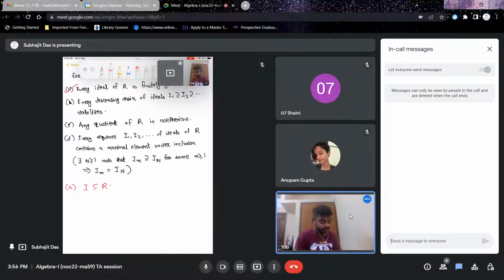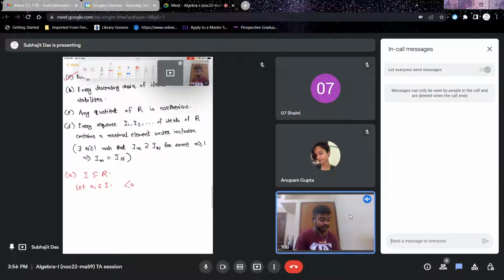Let A1 be in I. Consider the ideal generated by A1; this is contained in I, right? Now what happens if this ideal generated by A1 is I? Then certainly I becomes finitely generated.